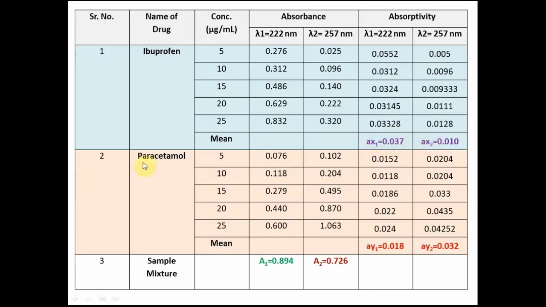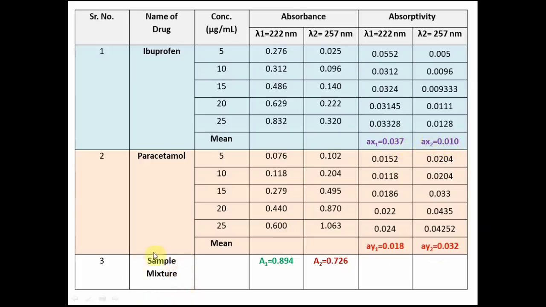Same for paracetamol, we have taken these 5 working standards, and these are the absorbances for lambda 1 and for lambda 2. Then from these absorbances, we have calculated the absorptivity. So we got Ay1 as 0.018 and Ay2 as 0.032. Here Ax1 is 0.037 and Ax2 is 0.010.